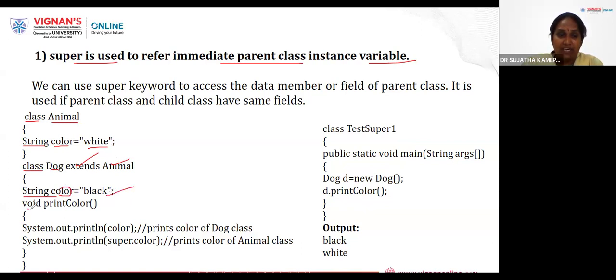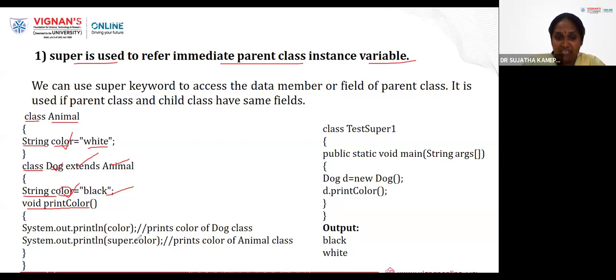Now, I am writing a method called printColor in the subclass Dog. This printColor method contains two statements. The first statement is a print statement which prints the color of this particular class. The second statement also prints a color, but it wants to print the color of its superclass. Here both have the same name.